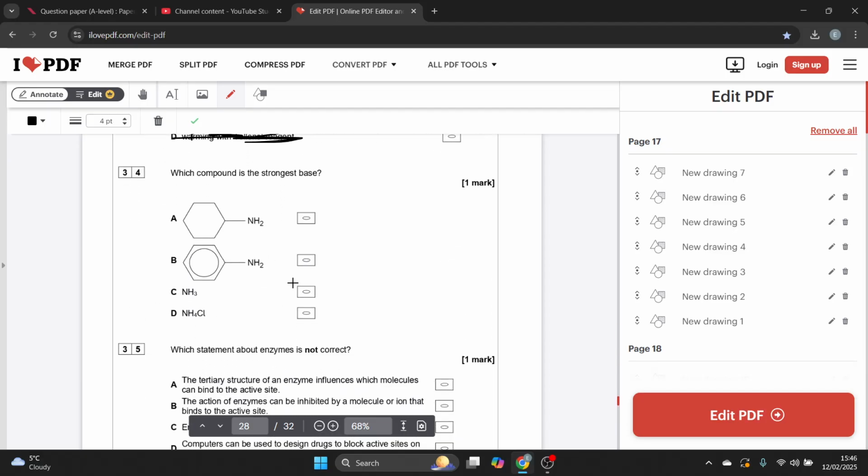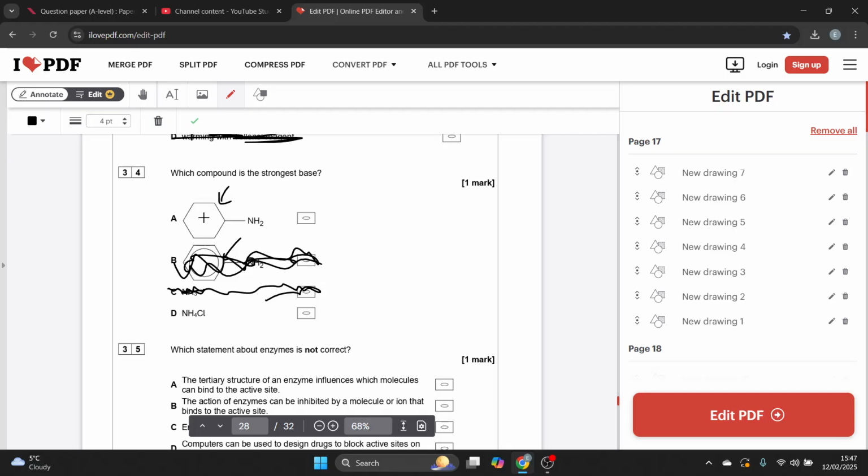Which compound is the strongest base? Now, it's not going to be B, because with the benzene ring, the nitrogen lone pair becomes delocalized into the ring. NH3 ammonia, no, it's not even bonded to any alkyl groups. NH4Cl or this.